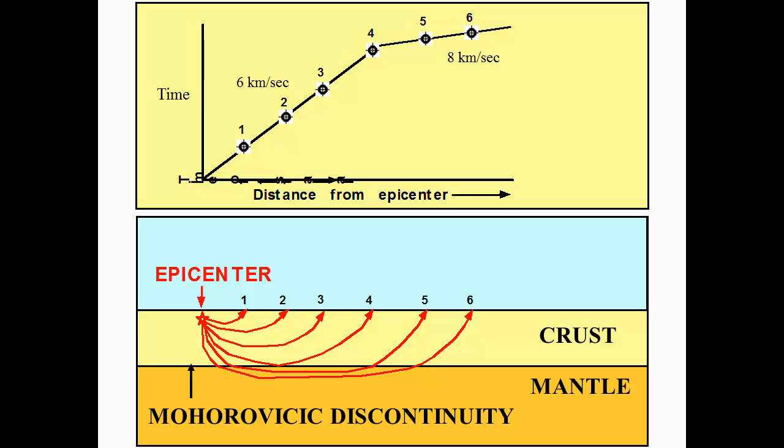And we see that the crust has an average velocity of about 6 kilometers per second. The average velocity of the upper mantle is 8 kilometers per second. And that deflection or bend in these two different curves marks the MOHO, or the boundary between the crust and the mantle. That distance of station 4 from the source can then be used to calculate the overall thickness of the crust.